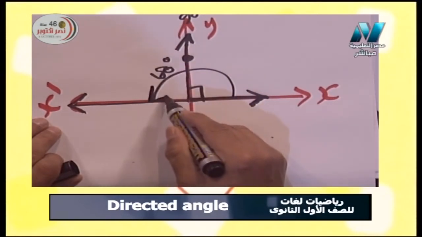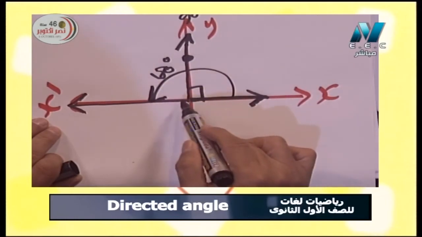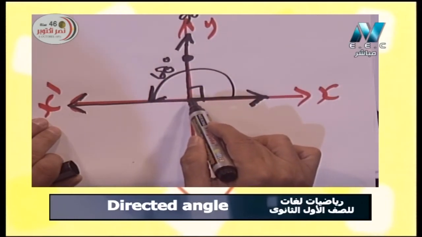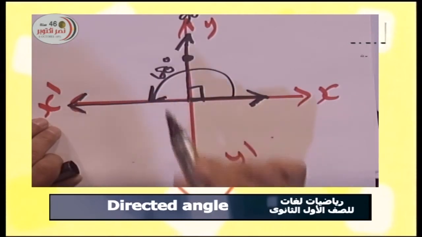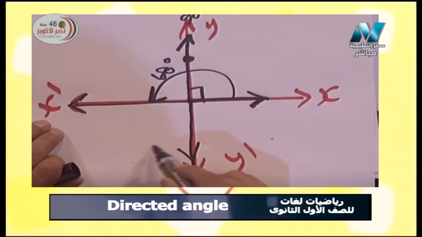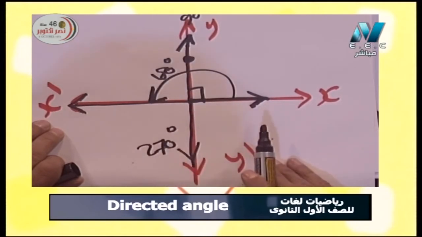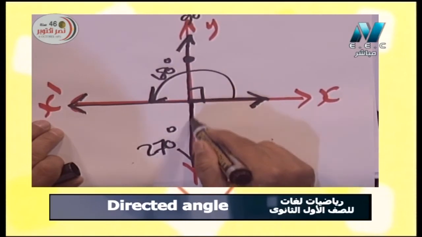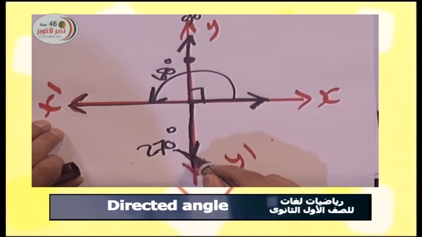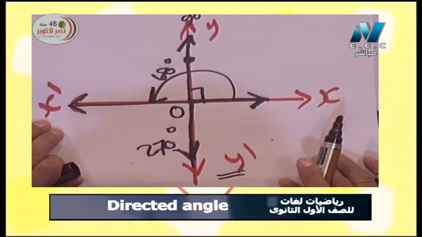So 180 is a quadrantal angle because its terminal side lies completely on the x-axis. We have here also the 270 degrees angle. Its terminal side lies on the y-axis, OY dash, exactly.